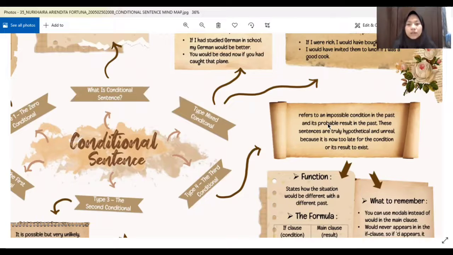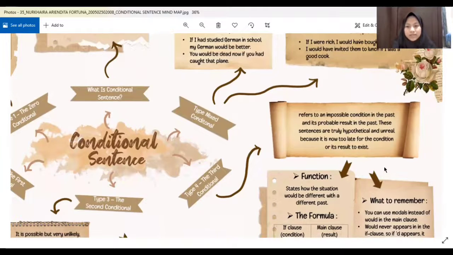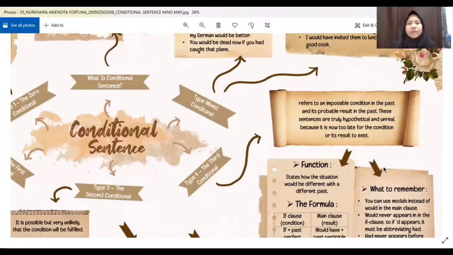These sentences are truly hypothetical and unreal because it is now too late for the condition or its result to exist. So basically, both the condition and the result are too late to happen. So it is very, very hypothetical compared to the type 3.